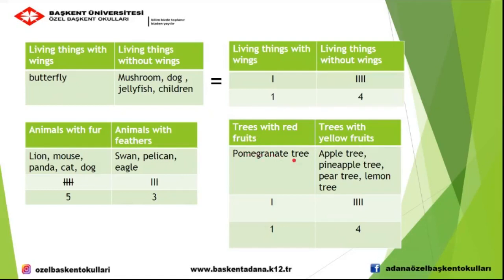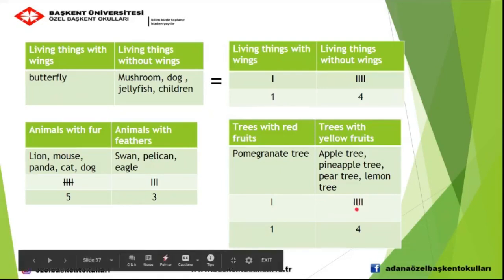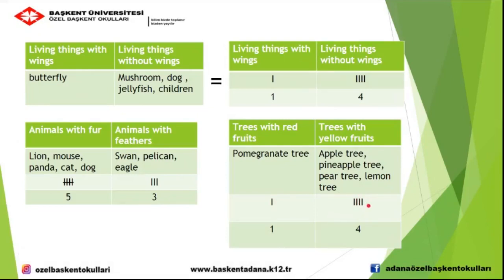A pomegranate tree gives red fruits, while an apple, pineapple, a pear, or a lemon tree give yellow fruits. 1 and 4. Sorting, it's endless. You only need to have a question to start.